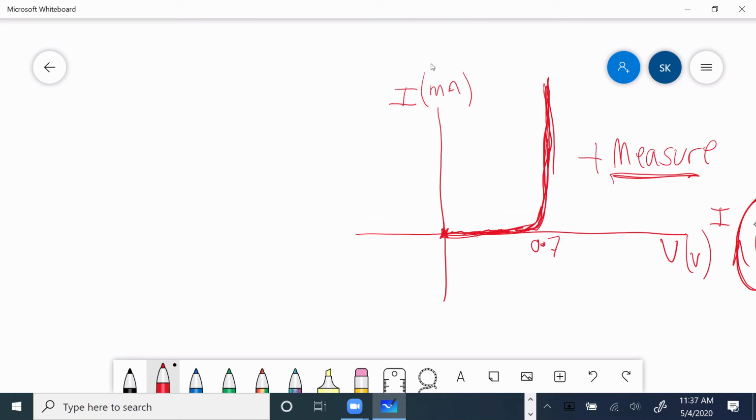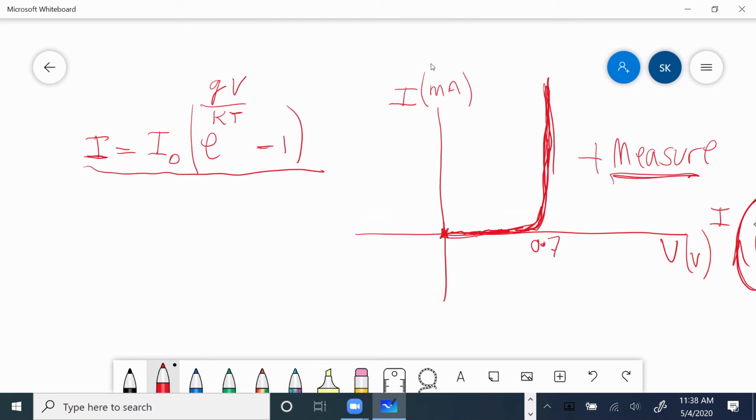Mathematicians, before anyone could actually make any measurement, told us the current through a PN junction will be I equals I0 times e to the power qV over kT minus 1. This is what the mathematicians told us.